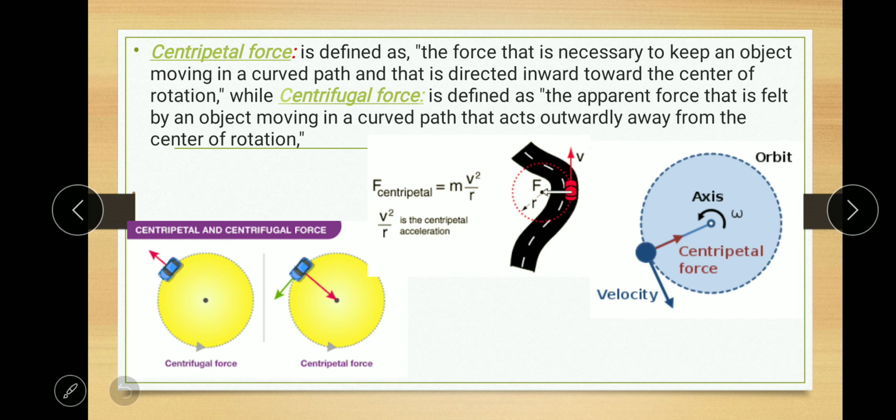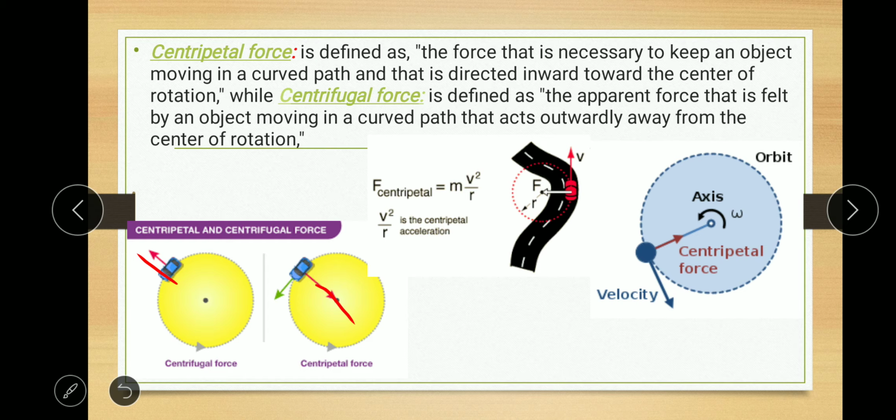Suppose this car is moving. This direction force is centripetal, and opposite to this is centrifugal. You remember the force F centripetal equals m v square by r. R is the radius of the circle, v is the velocity, and v square by r is the centripetal acceleration.